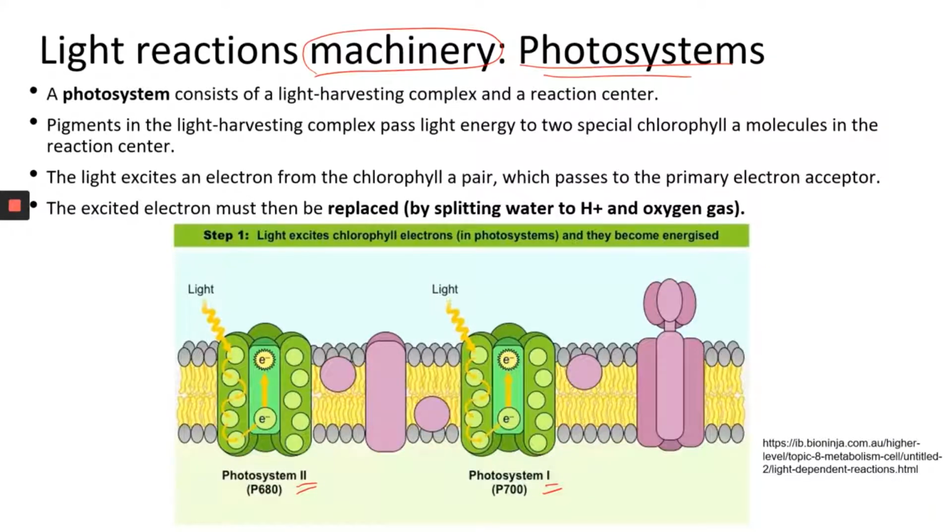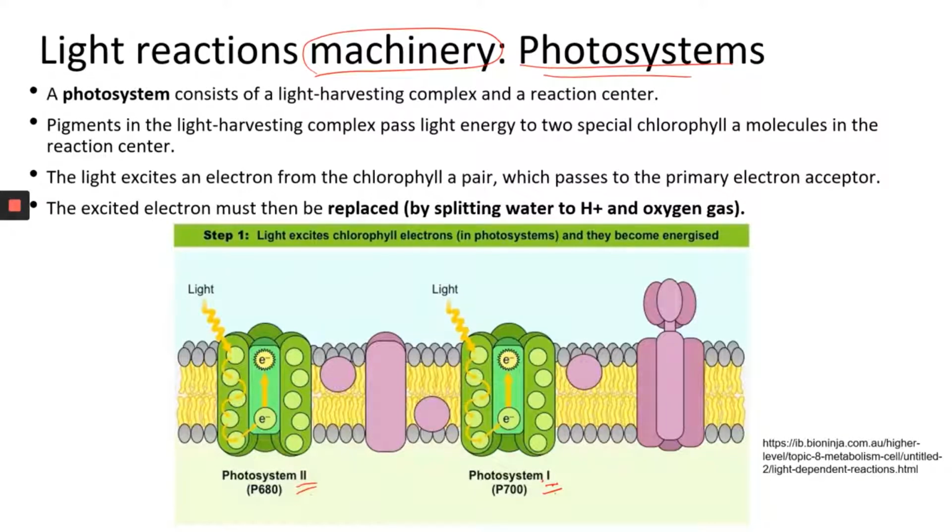It doesn't mean that the reaction goes from 1 first and then to 2. The 1 and 2 are based on the order of when they were discovered. Photosystem 1 was discovered first, so we named it 1, and 2 was discovered later.